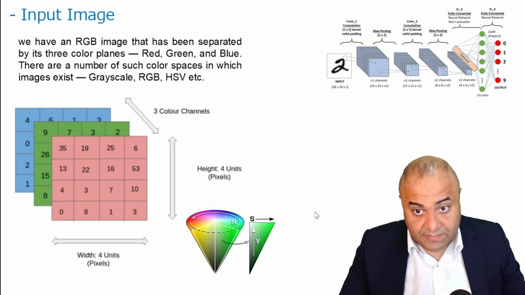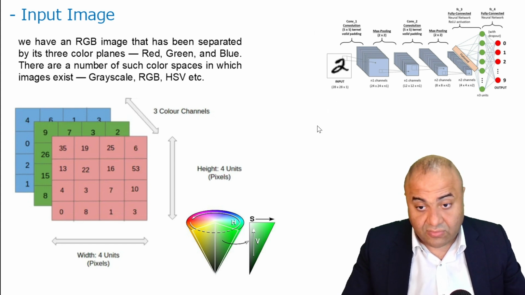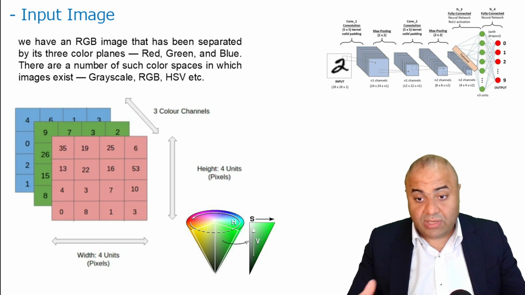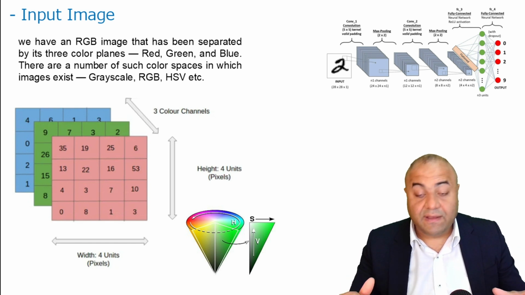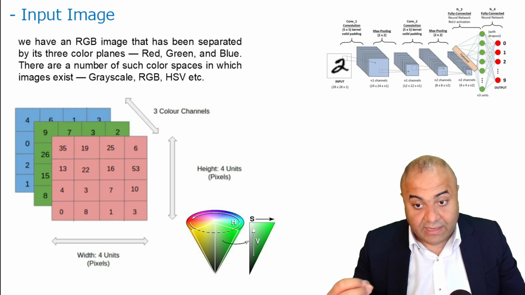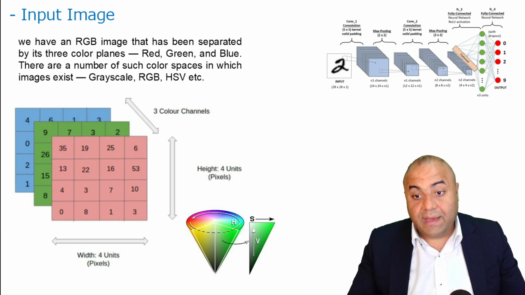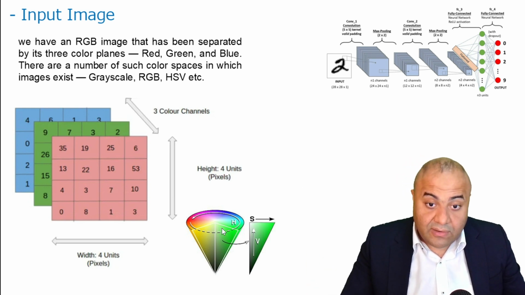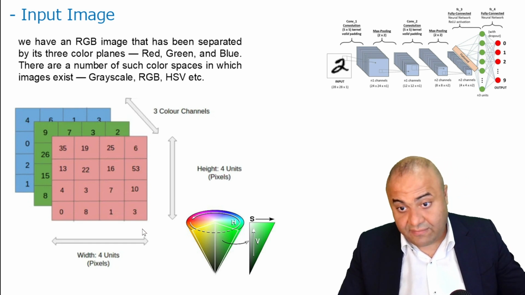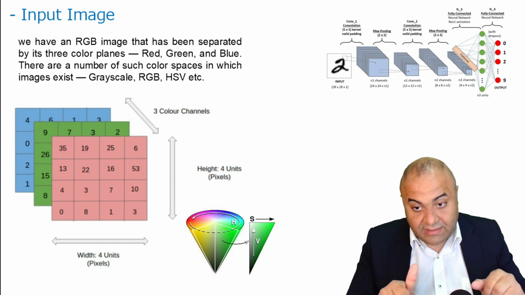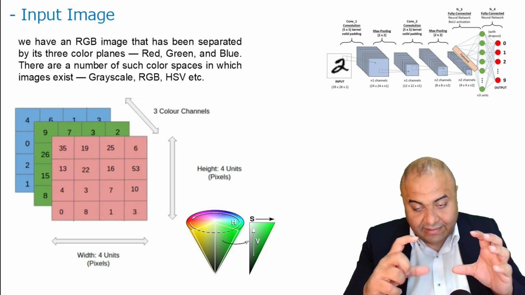So the input image is the first part of this convolutional neural network, and the input image can be simply the image which we're trying to train on or classify, and these values will be represented by RGB, red, green, blue, or by different methods. We can also use HSV. RGB is simply the values of red, green, blue in the whole image, in the whole matrix, because it will become a matrix or a screen.